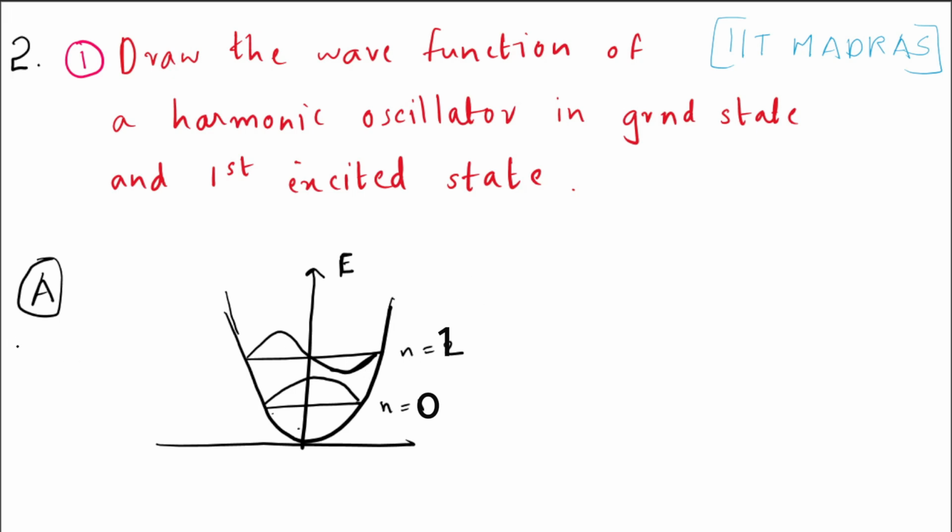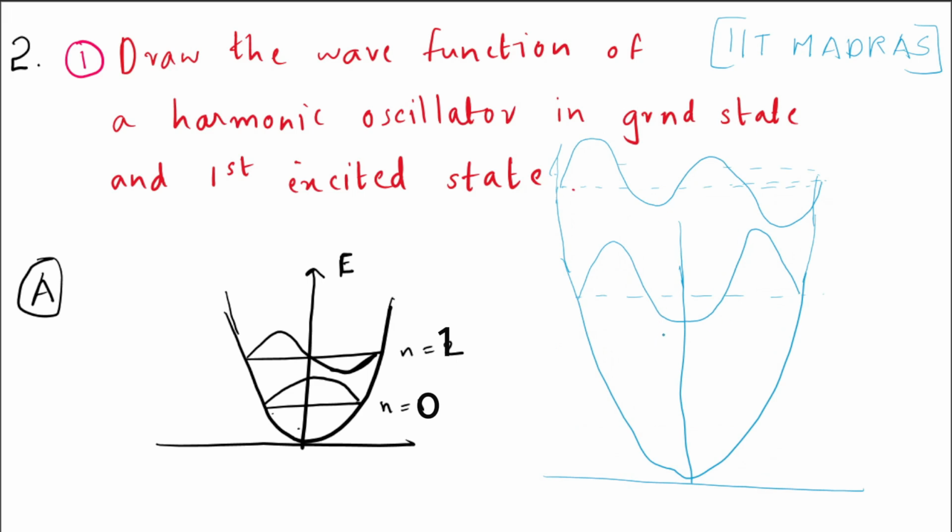Now, for your knowledge, I am also drawing the wave function for n is equal to 2. If this is n is equal to 2, okay, this one. What you have to understand is that this height and this height should be equal, and these two heights should be greater than this depth. Okay?